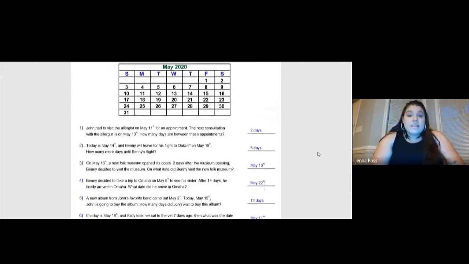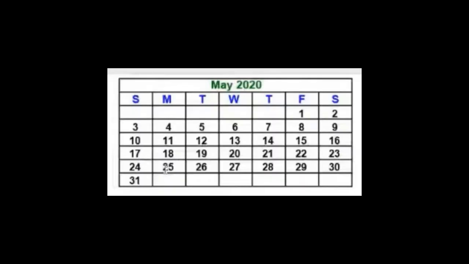So we're going to come up here to the calendar and look at May 25th. But really, Jess called them 2 weeks ago. She called them 14 days ago. So we're going to start at the 25th and we're going to go backwards 14 days. Now you can use my trick of sliding up 2 rows because we know 14 days is really 2 weeks, right? Or we can count 14.